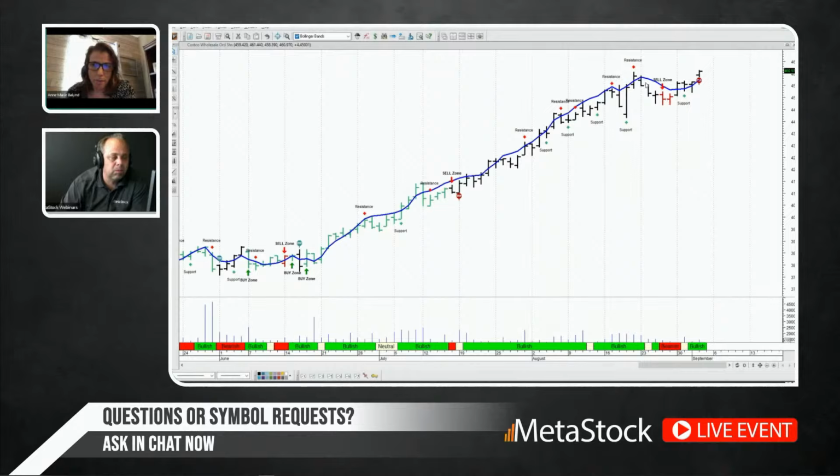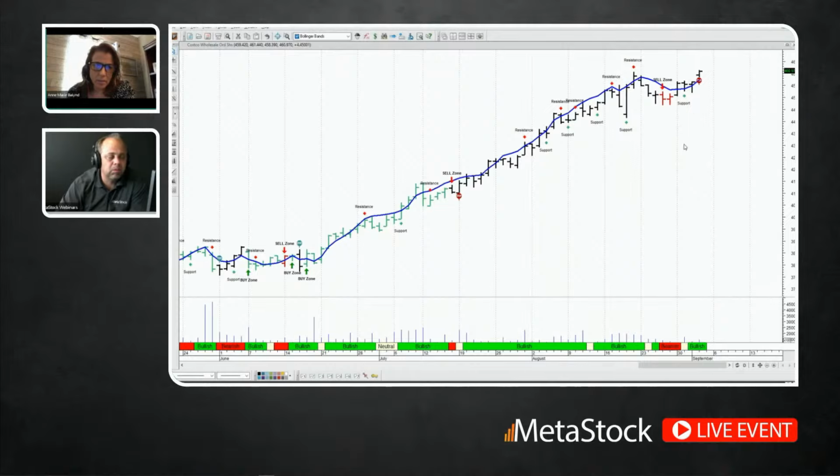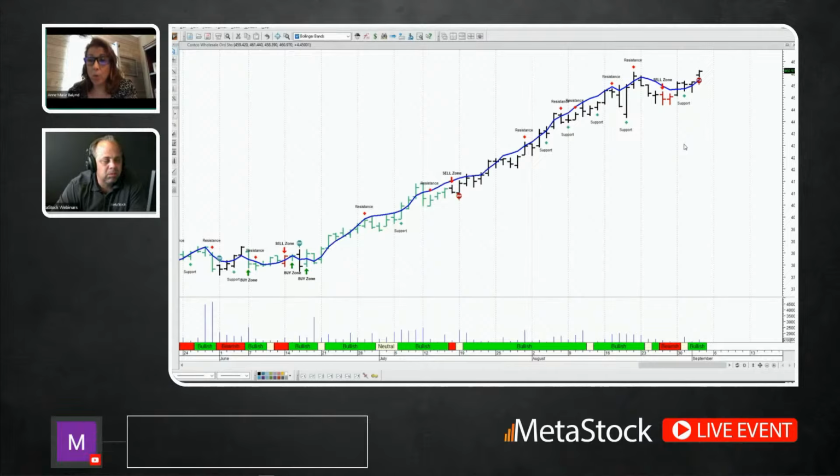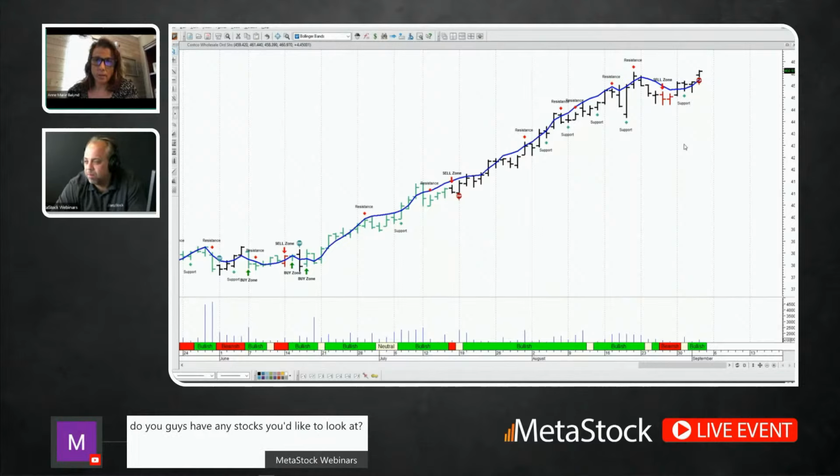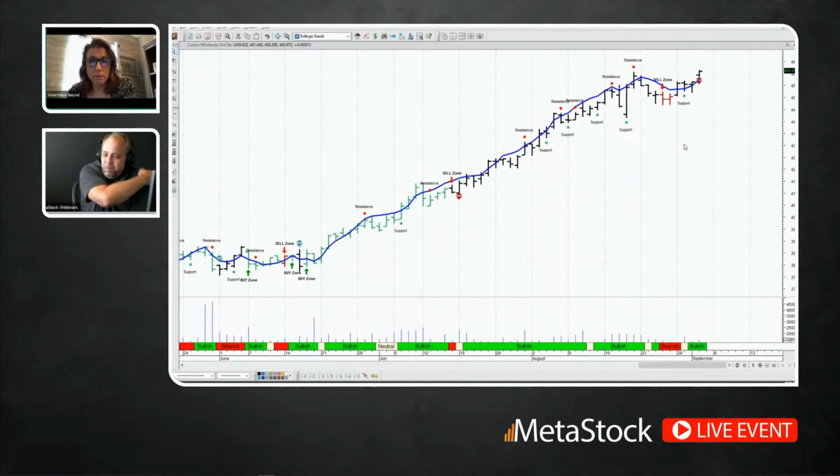So from this space that this chart is sitting in, we can see that potentially it looks like it could run another leg higher. But if I were a holder of Costco and I had several shares, I would sell a call way out of the money.